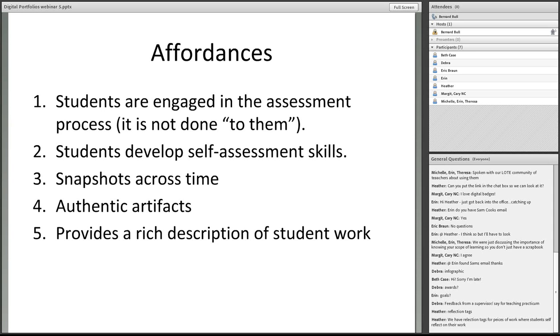While you can include artifacts like tests and quizzes and more traditional assessments, you can also include artifacts that give evidence of one's ability to use that knowledge in a real world setting or context, which is what we want. We all know that in learning environments, one of our biggest challenges is the challenge of transfer, right?